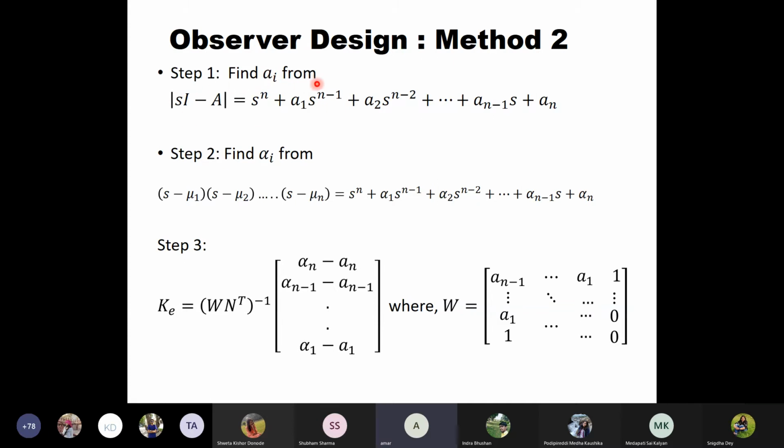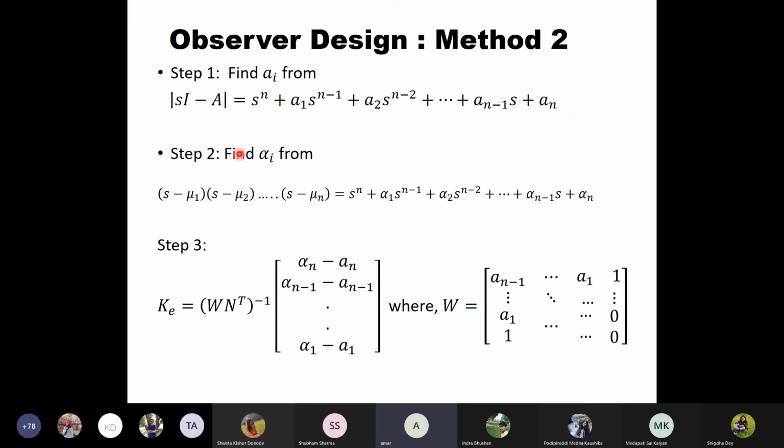To find that, we write the determinant of sI minus A, and we get a polynomial in S: S to the power n plus A1 S to the power n minus 1, plus A2 S to the power n minus 2, and so on, plus An. So from here, I will get A1, A2, up to An minus 1, An.